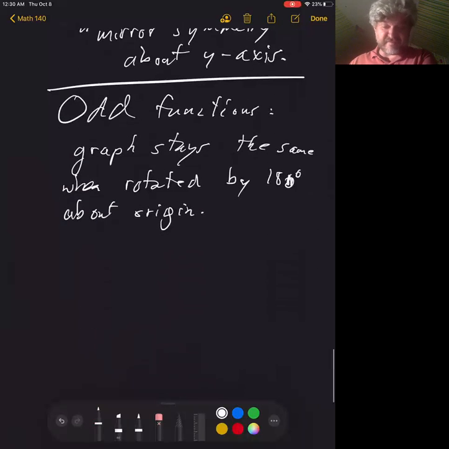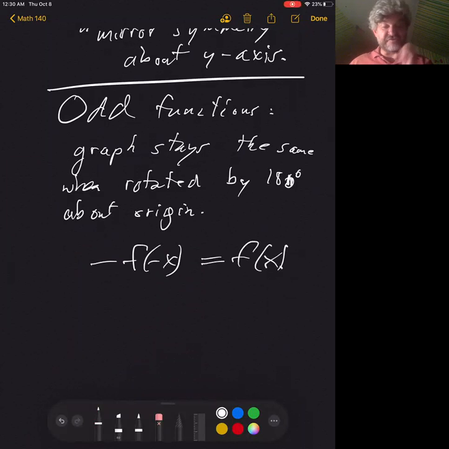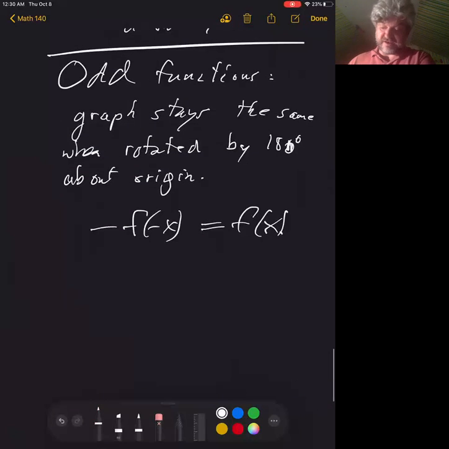And as an equation, that rotated function has this formula. That's supposed to be the same thing as f of x. So that's the way to check whether a given function is odd or has this rotational symmetry.